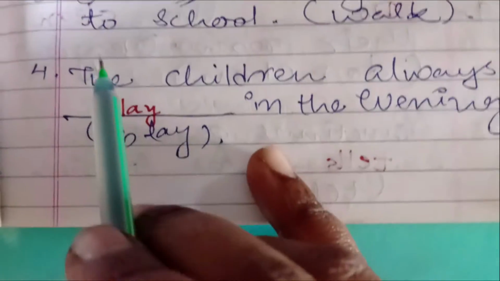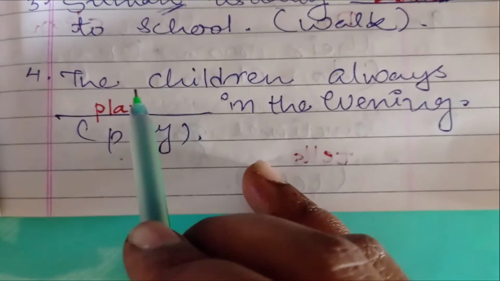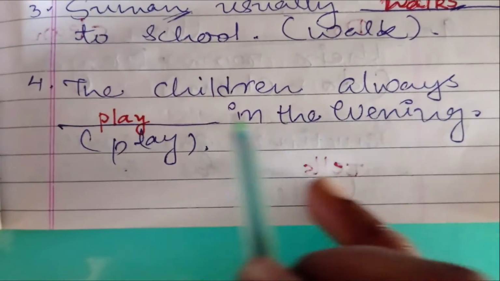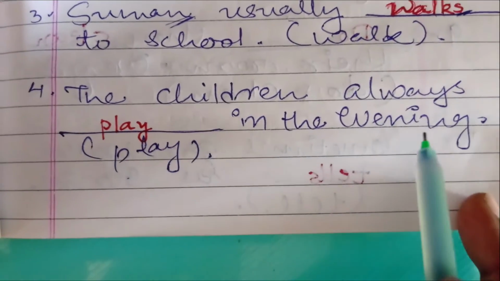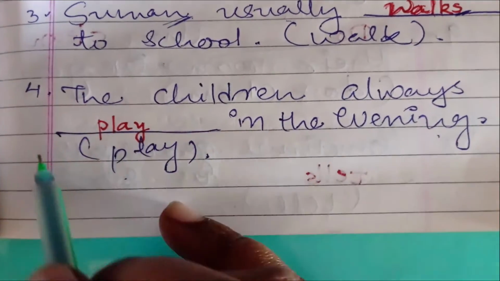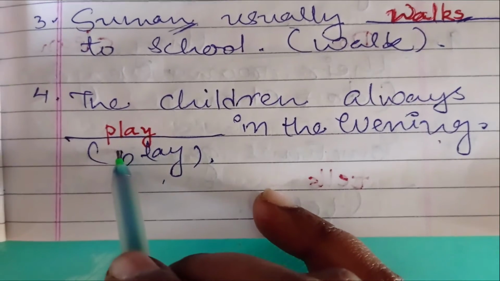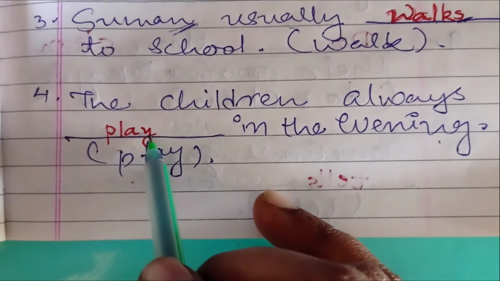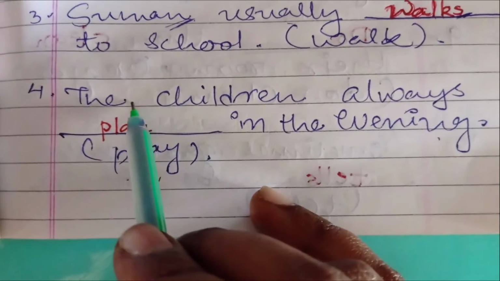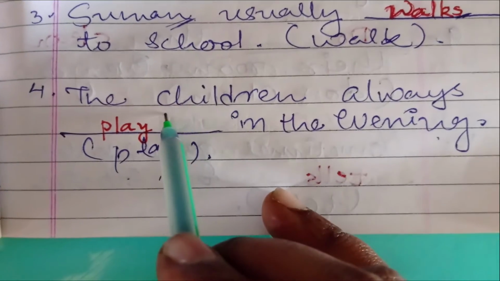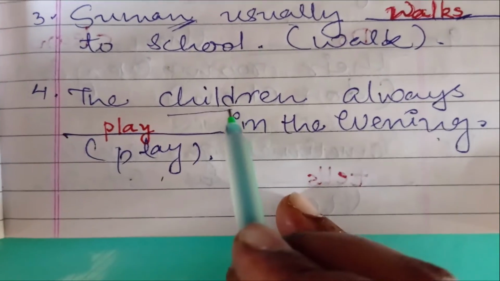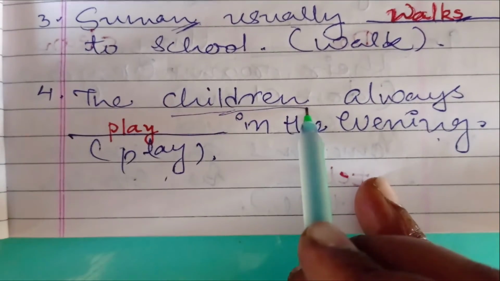Now the next example. The children always play in the evening. Here, what form of the verb have we used? Same, play. Why? Because child is singular and children is plural.